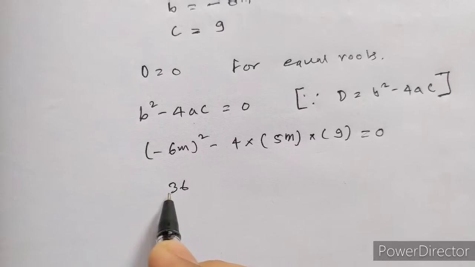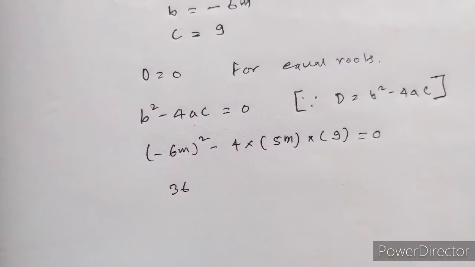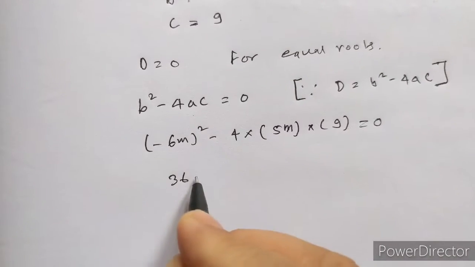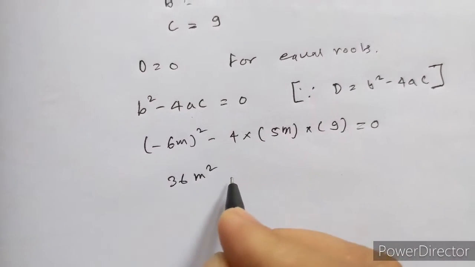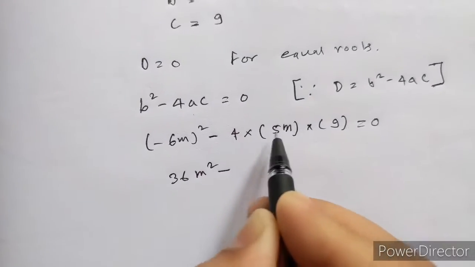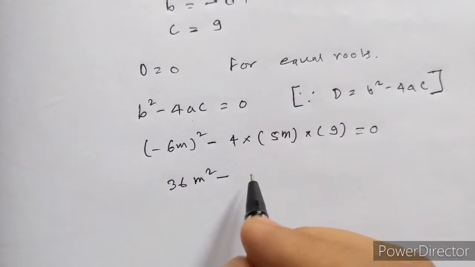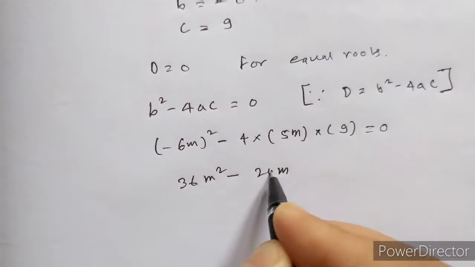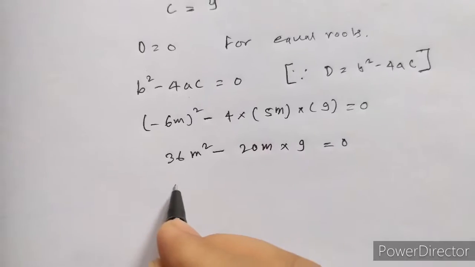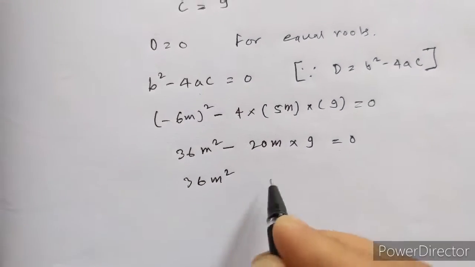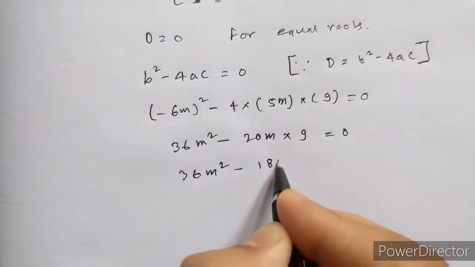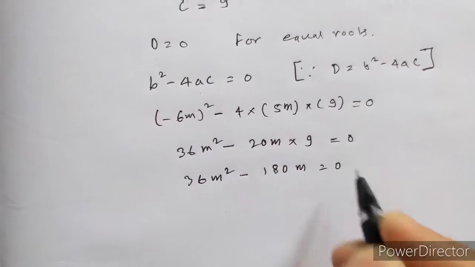I am not writing plus because we can understand this is a plus. And the square of m will be m square. So 36m square minus 4 into 5, 20m into 9, is equal to 0. So 36m square minus 180m is equal to 0.